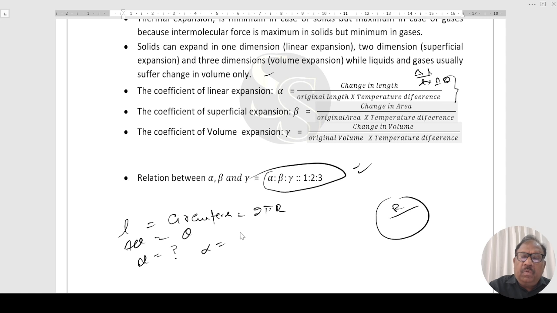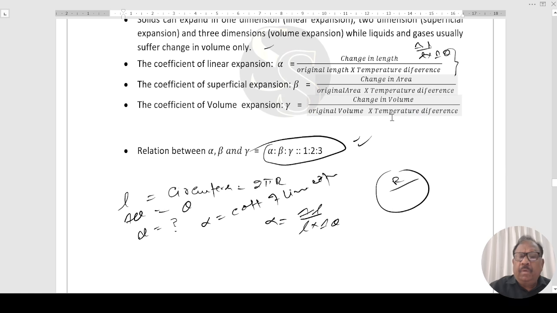Alpha is given as the coefficient of linear expansion. We know the formula alpha equals delta L upon L into delta theta. Very simple. Delta L equals alpha into L into delta theta.